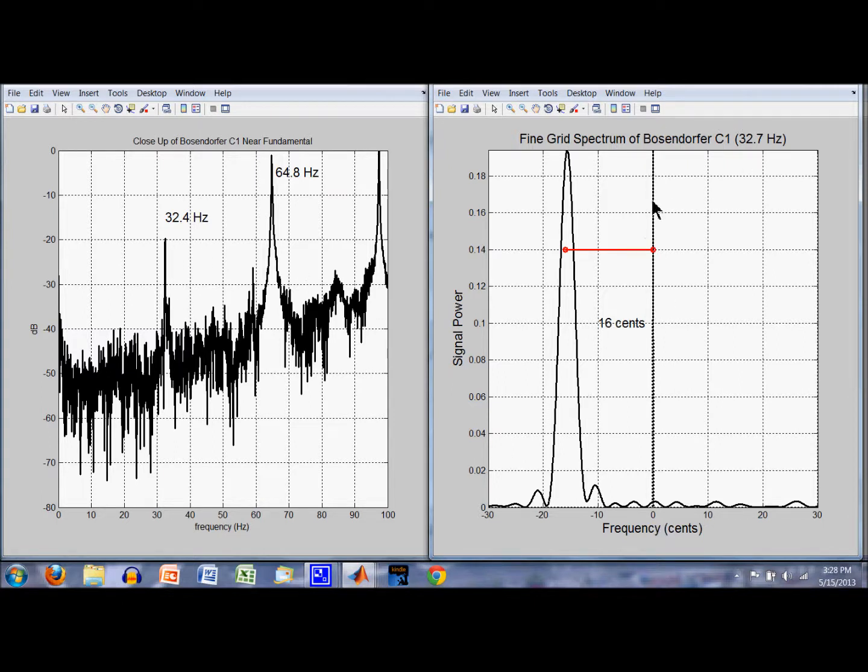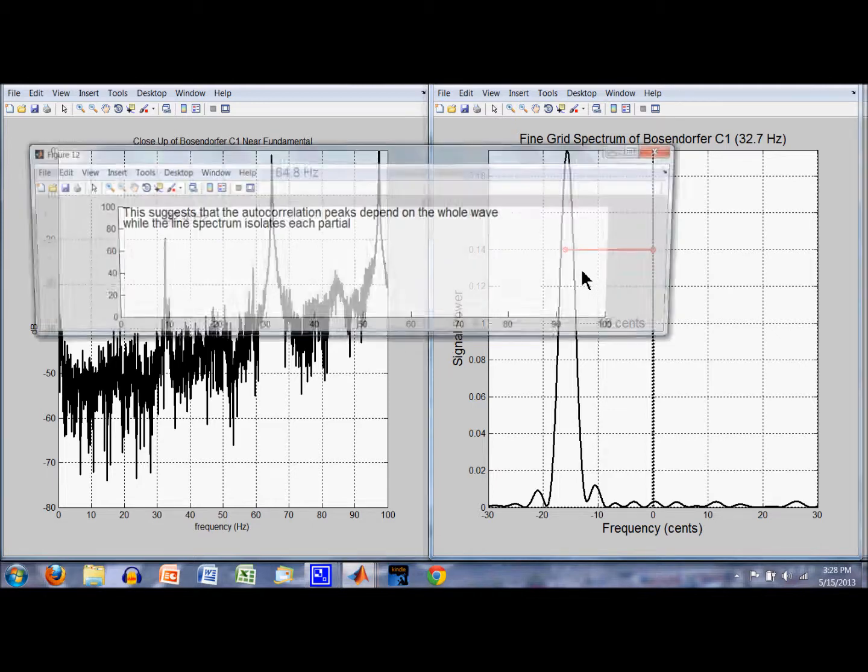This line here is 32.7 hertz. And you can see the actual peak is flat of the fundamental, or the first harmonic, by about 16 cents. This flatness at the low end of the compass on a piano is something we'll talk about later, as it's an example that's supported by the Railsback curves.